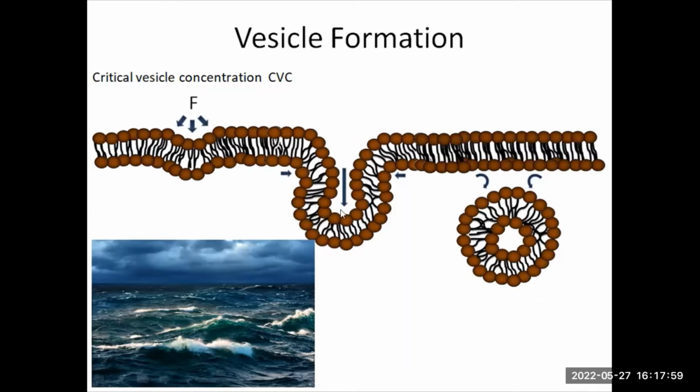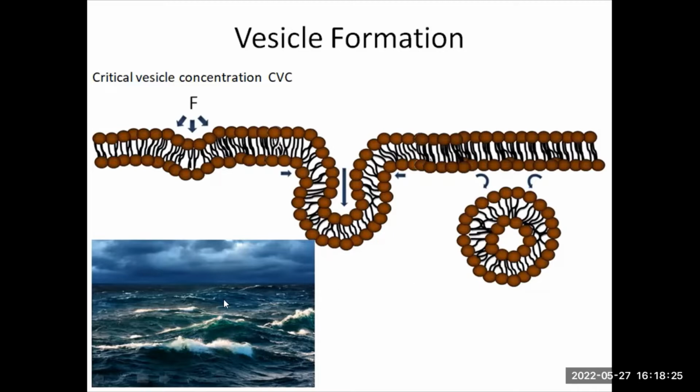And with this force strong enough, we can produce these vesicles. And these vesicles, which are spherical, are in fact the most stable. So once they become spherical, they will remain spherical, depending, of course, on the environmental conditions, the temperature and the salt, and also the pH of the water. And all of those environmental conditions we're going to discuss in a future slide.